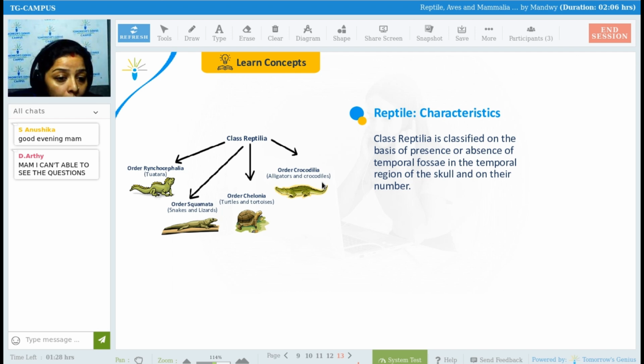So on the basis of their number, there are four orders: Rhynchocephalia, the order of snake or lizard, that is Squamata, the order of Chelonia, that is turtle or tortoise, and the order of Crocodilia, that is alligator and crocodile. Okay, there is nothing much in your syllabus related to their classification, only this much is required. Okay, Aarti and Anushika.